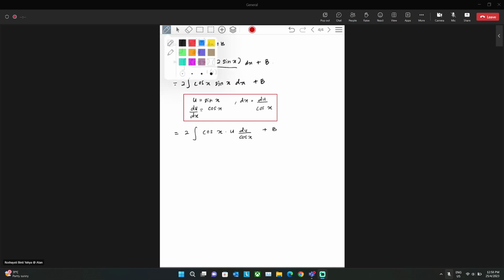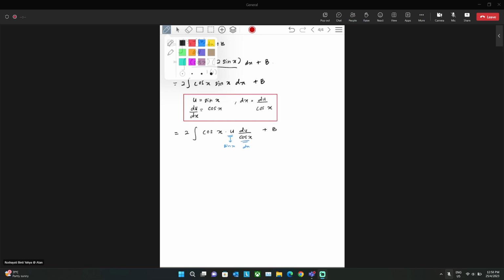This is from u is sin x. Actually, for integration by parts you can use the tabular table. But you need to understand that sine and cos are two functions that you will not get zero.